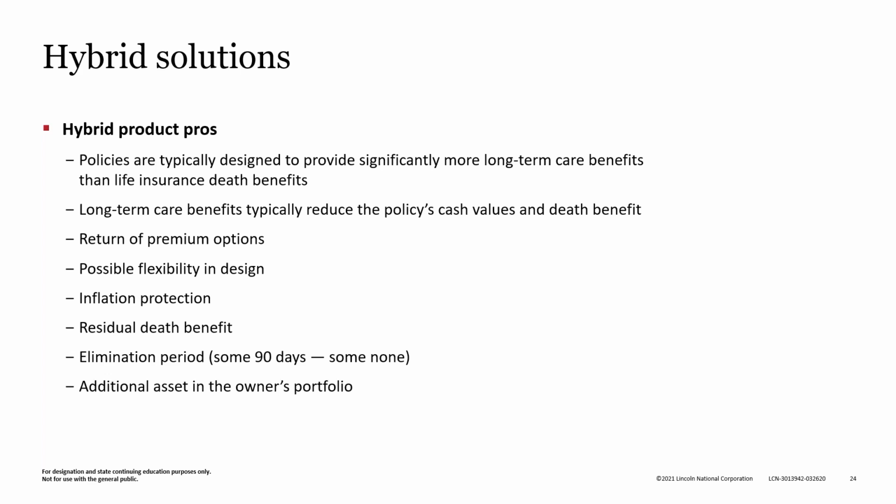They use those types of policies to provide guarantees. Long-term care benefits typically reduce the policy's cash value and death benefit. These policies offer return of premium options, which you don't typically see in traditional LTC. There's flexibility in design, and these policies offer inflation riders too.